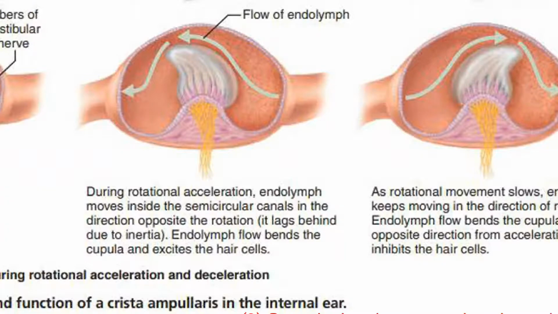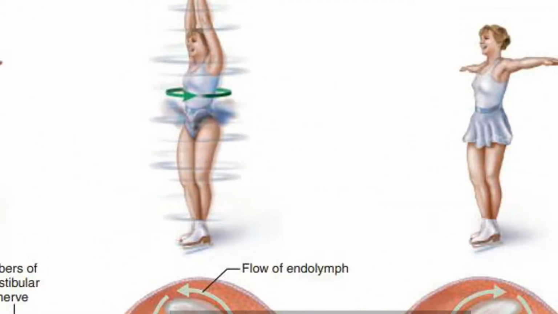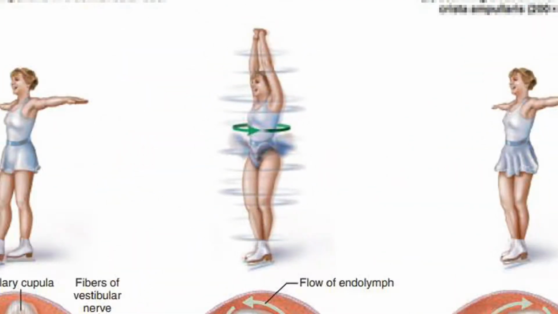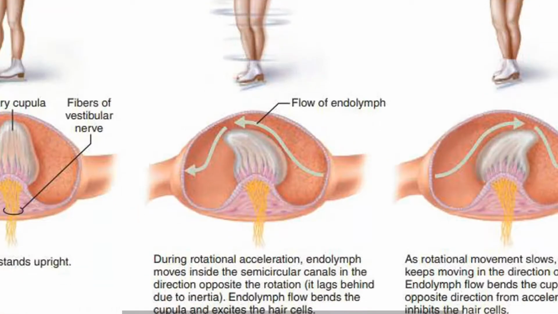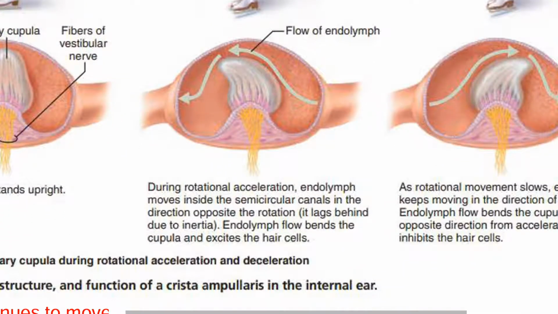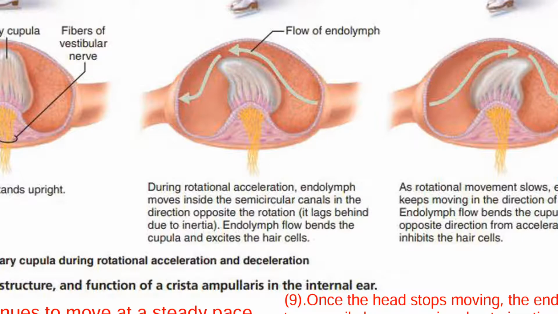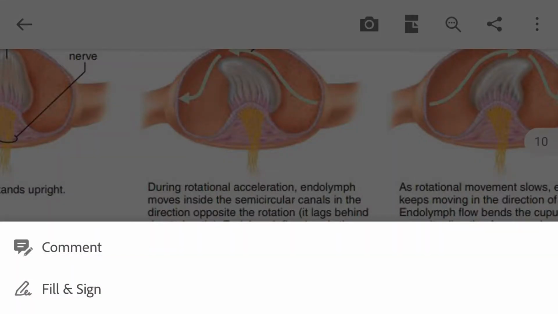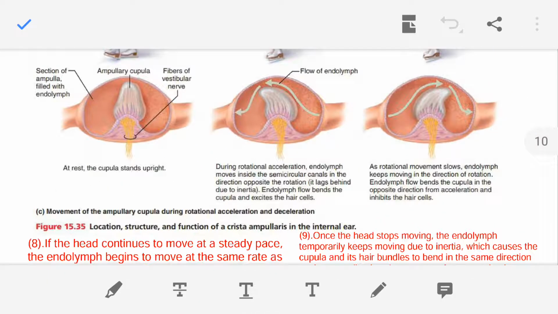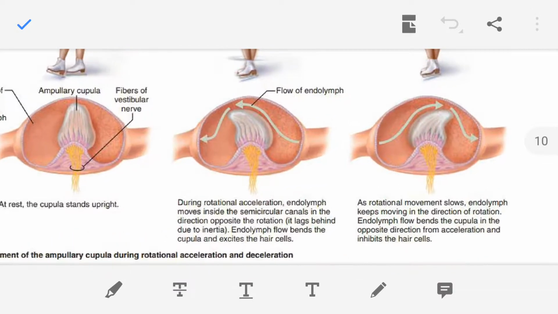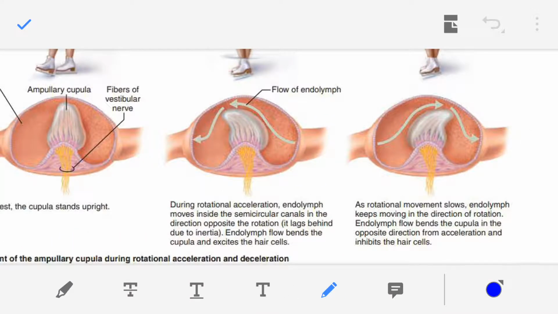Endolymph is flowing. See, this is the body rotation direction, head rotation direction, and you see the flow of endolymph. So when the girl is dancing, what happened? The endolymph is flowing in the opposite direction.